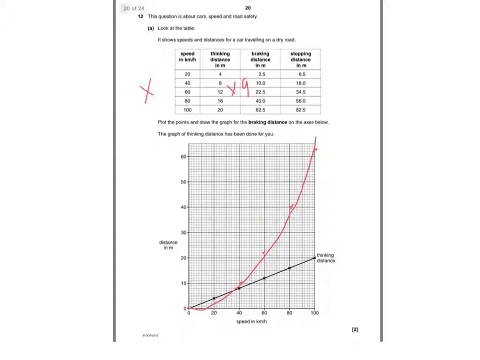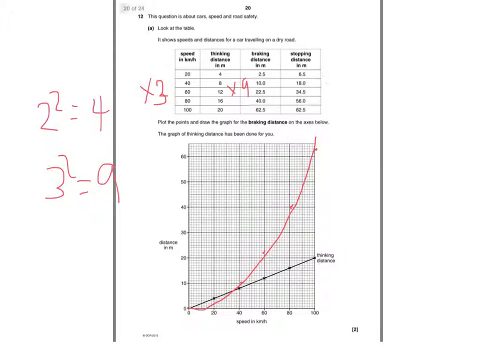So if we multiply the speed by 3, the braking distance is multiplied by 9. What's the relationship between these two numbers? Well, 3 squared equals 9 in the same way that 2 squared equals 4. It's this square factor that makes this curved line here.